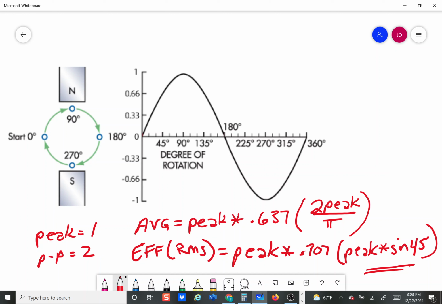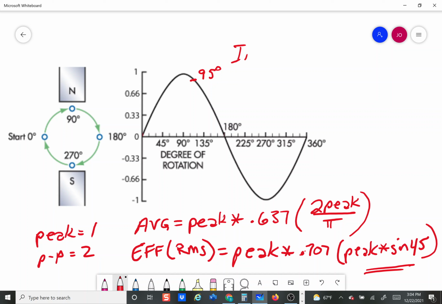But there's also what's called instantaneous voltage or current. Instantaneous voltage or current just means I pick a spot. I picked 95 degrees. I want to find out what is my voltage right there at 95 degrees. That's called instantaneous voltage.